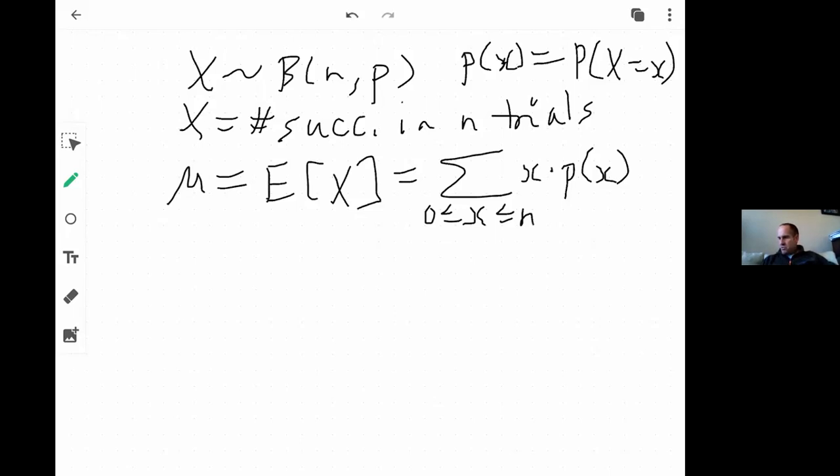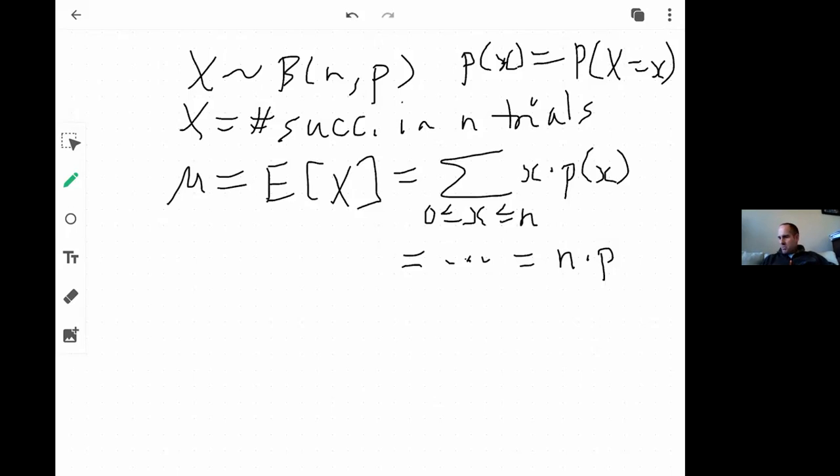And I'm telling you, if you do a little bit of algebra here, kind of like we did with that 10 coin flip problem, you're just going to end up getting n times the proportion of success P. And that makes sense. It makes perfect sense that the average number of successes is going to be the number of trials times the proportion of success.